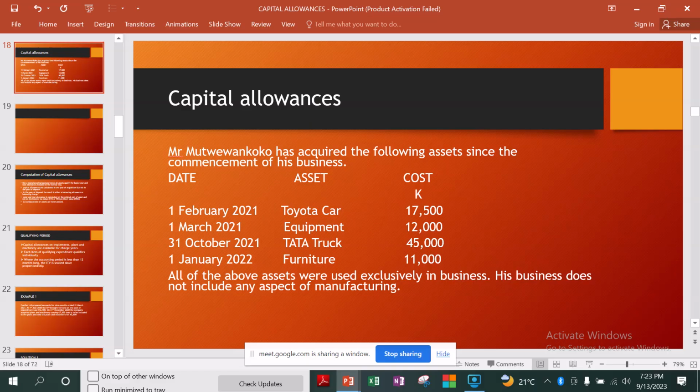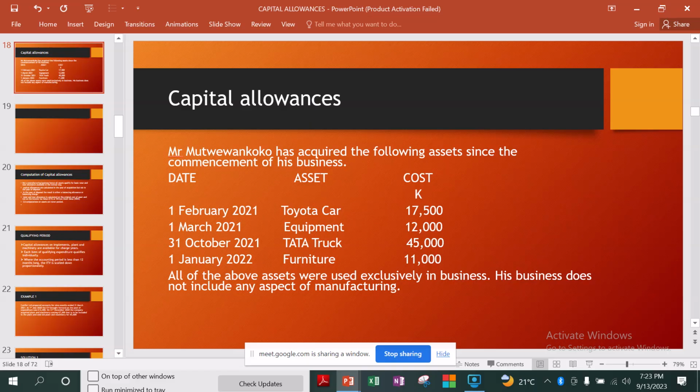Now, all these are under implements, plant and machinery. For a Toyota car, unless we have been given information to the contrary, it simply means that this one is a non-commercial vehicle, used by this individual just to make personal errands.